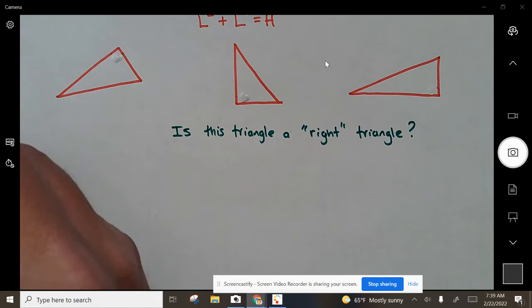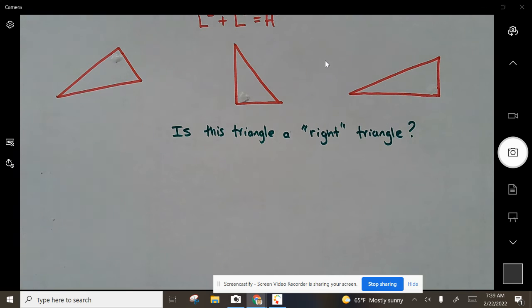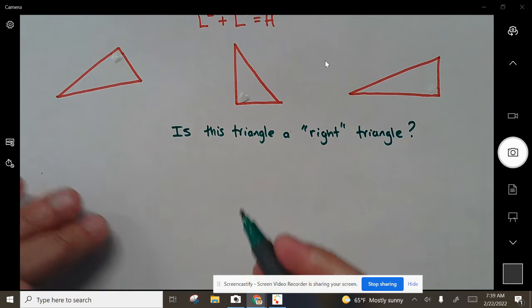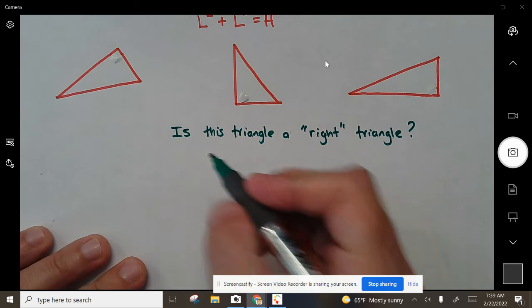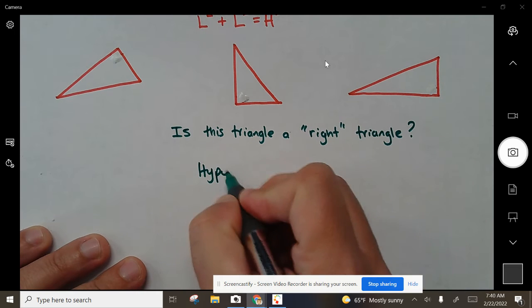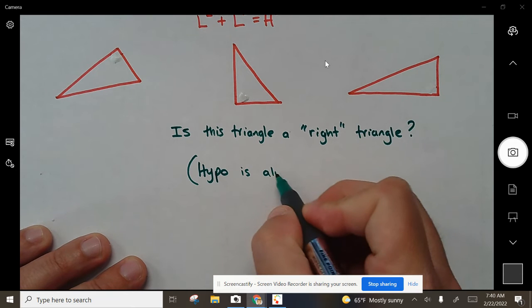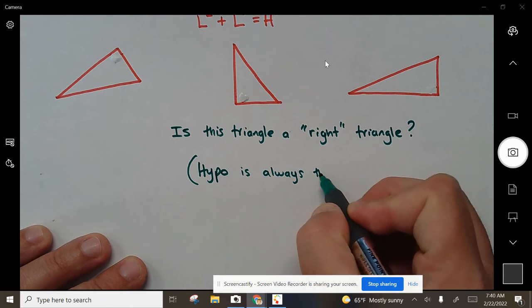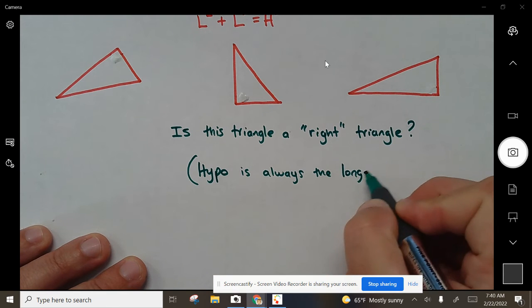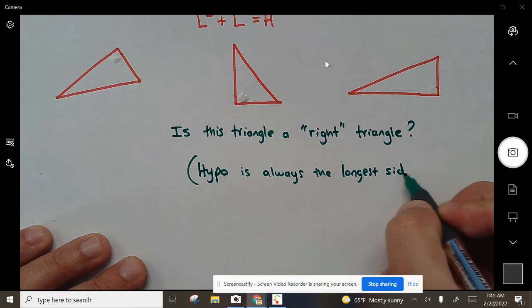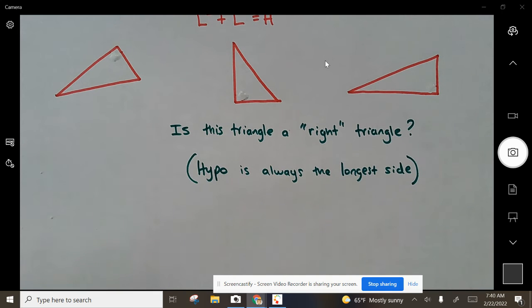And remember, let's talk about something called the hypo, or the hypotenuse. Remember this right here, and put this in parentheses: the hypo is always the longest side.